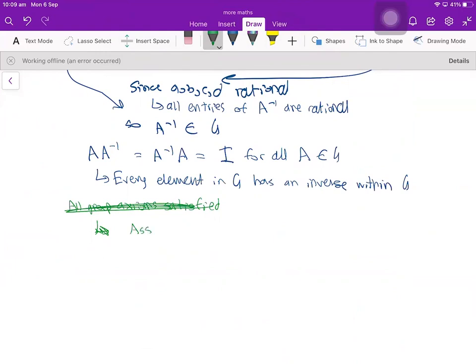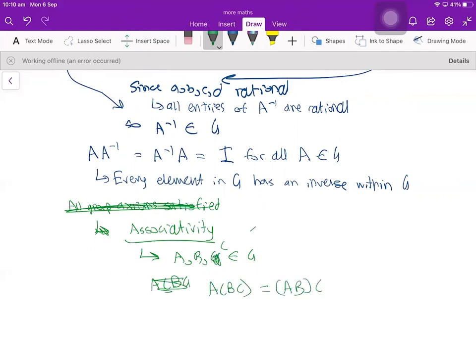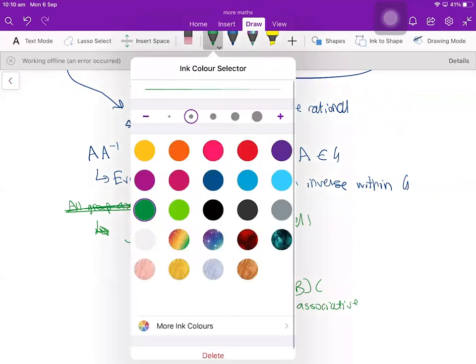So for associativity, we have for A, B, C in the group, since matrix multiplication is associative, for all A, B, C in G, this operation is associative. So this proves associativity. And now finally, all the group axioms are satisfied.